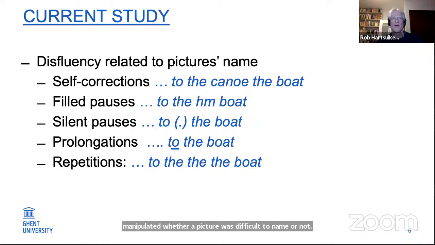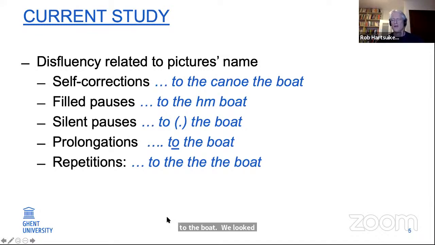We looked at a number of types of disfluencies like self-corrections, filled pauses, silent pauses, prolongations, and repetitions. I'll let you read the examples for yourself. Note, however, that we did the experiment in Dutch with Dutch subjects, so these are English translations of the Dutch original examples.